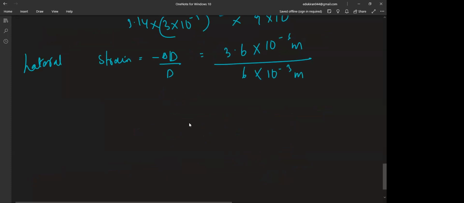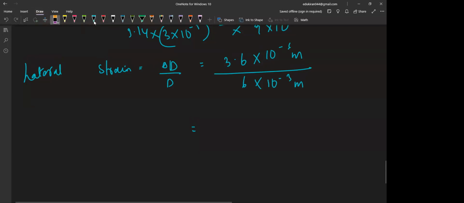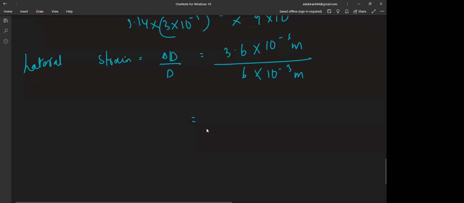And we don't use the minus. This minus sign I told you is just showing that the diameter is decreasing, so putting it has no significance. You can ignore it here. You can even omit it in the formula also.